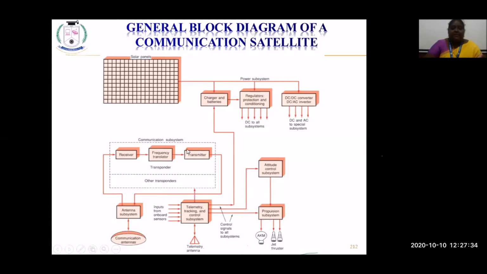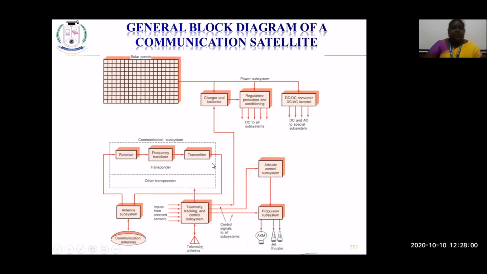The next one is the communication subsystem. Whatever signal is received here is part of the transponder, which is connected to the antenna subsystem. The received signals are given to the receiver, then there is a frequency translator, and that is fed to the transmitter.